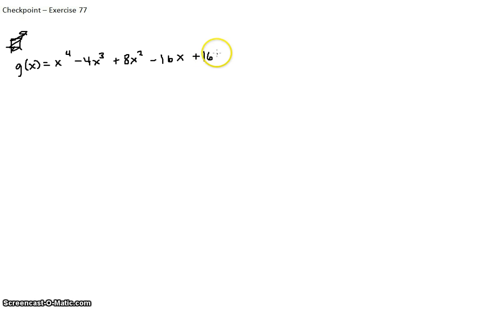So since it's a fourth degree function, there are four possible zeros at most. Some might be repeated, some might be real, some might be complex. But the possible rational zeros are the following: the factors of 16 over the factors of 1.